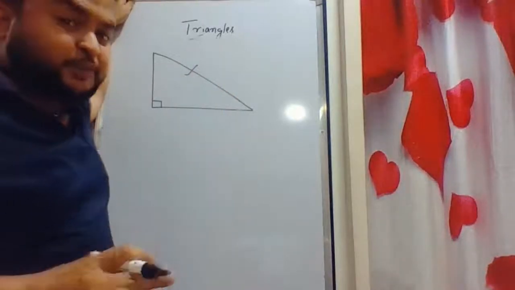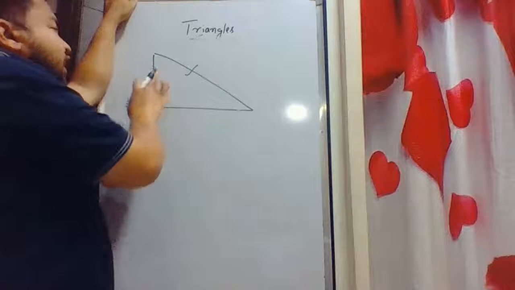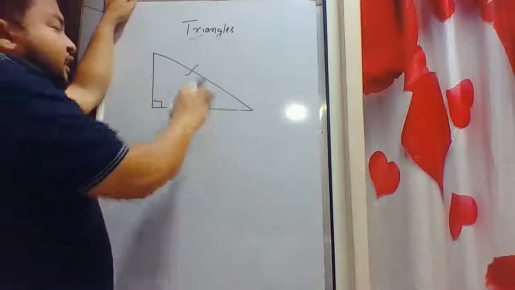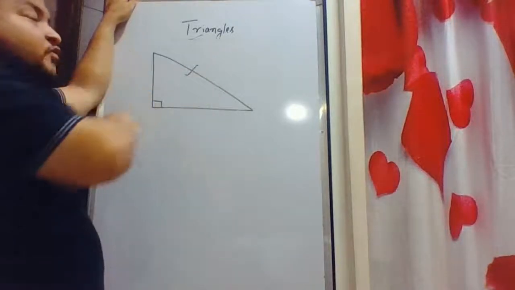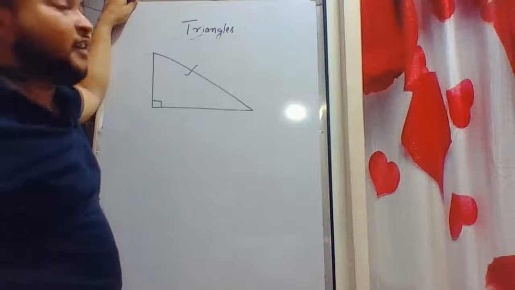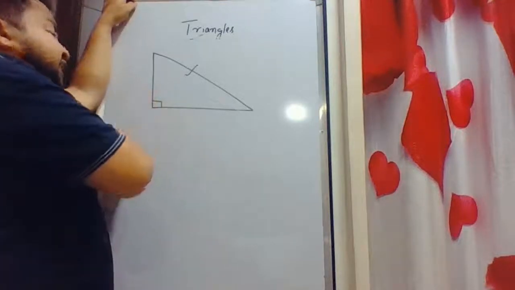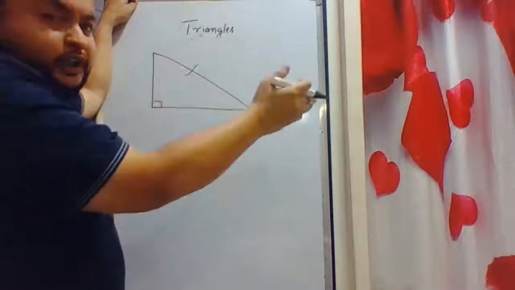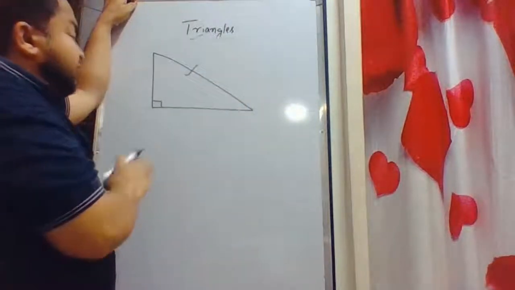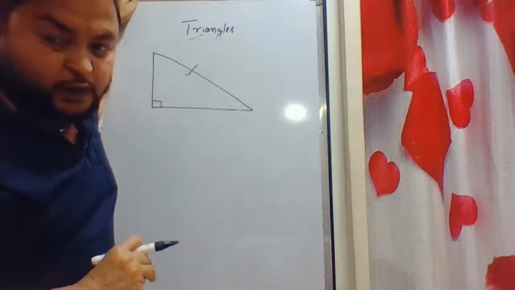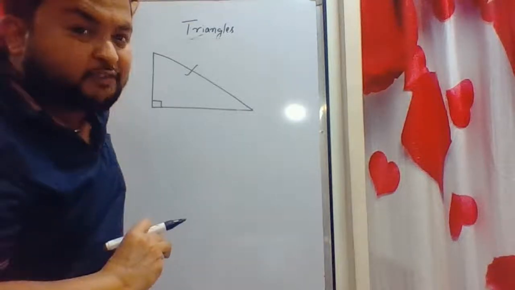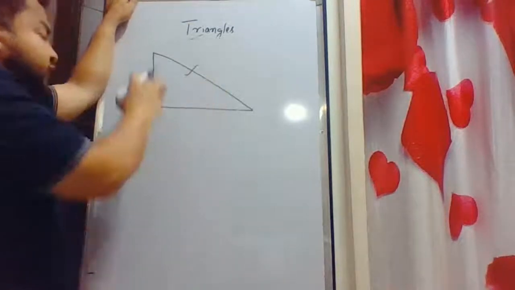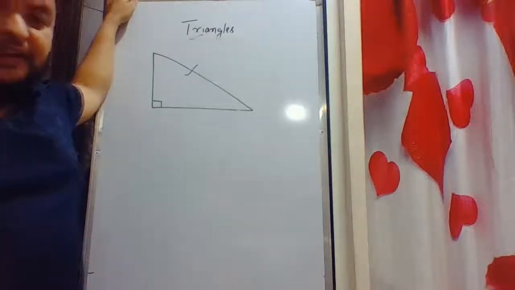So remember students, in a right angle triangle, the hypotenuse is always the largest side, because there is a strong correlation between any angle and the opposite side in a triangle. That is one of the fundamental reasons why in a right angle triangle, the hypotenuse is always the largest side.